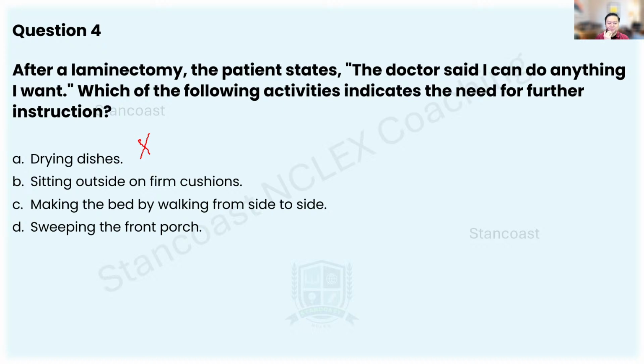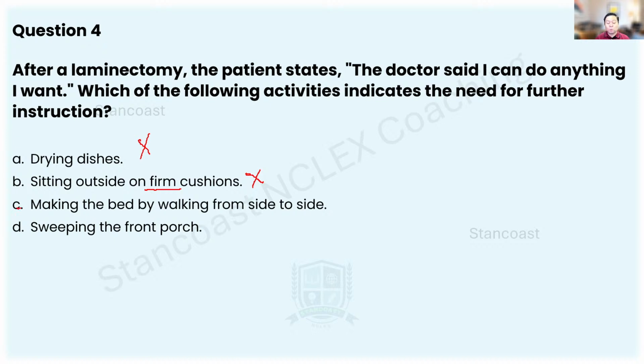Firm cushion, not soft. We're talking about firm cushion here. This is going to support their spine, maintaining that good posture. So we are going to eliminate that because this is not going to aggravate the surgical site.